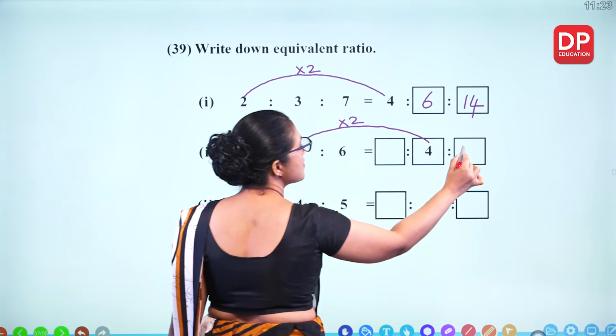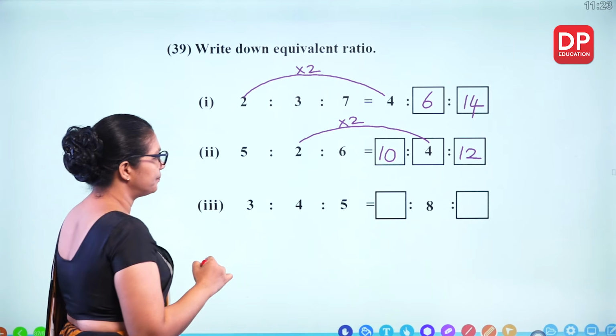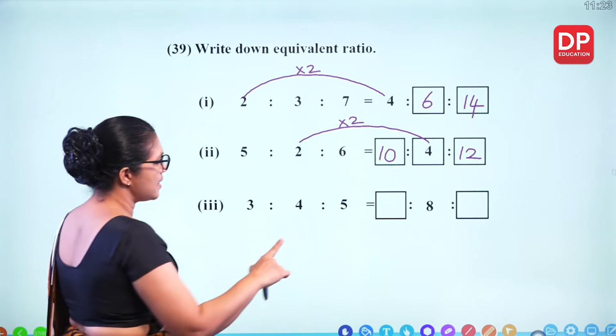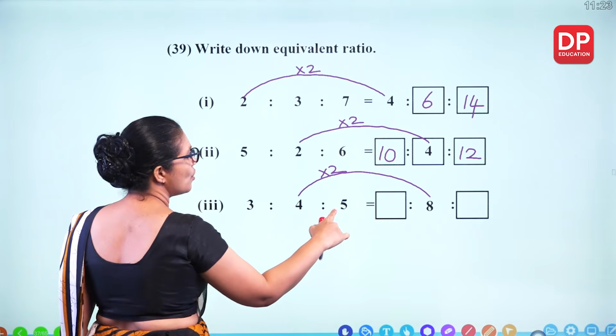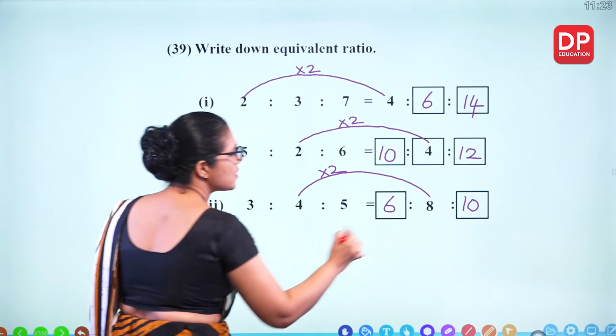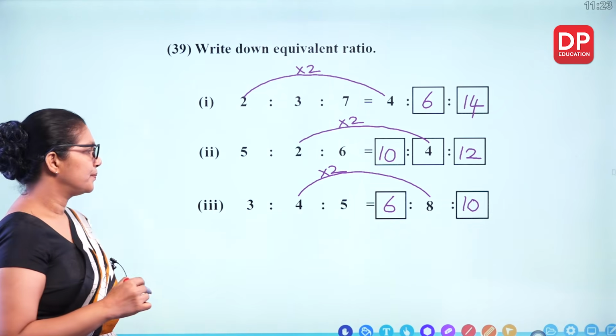Do the same thing. 6 times 2, 12. 5 times 2, 10. Now look at this one. 3:4:5 becomes 8 here. So 4 becomes 8. Multiply by 2. 5 times 2, 10. 3 times 2, 6. So that's how we find out the equivalent ratios.